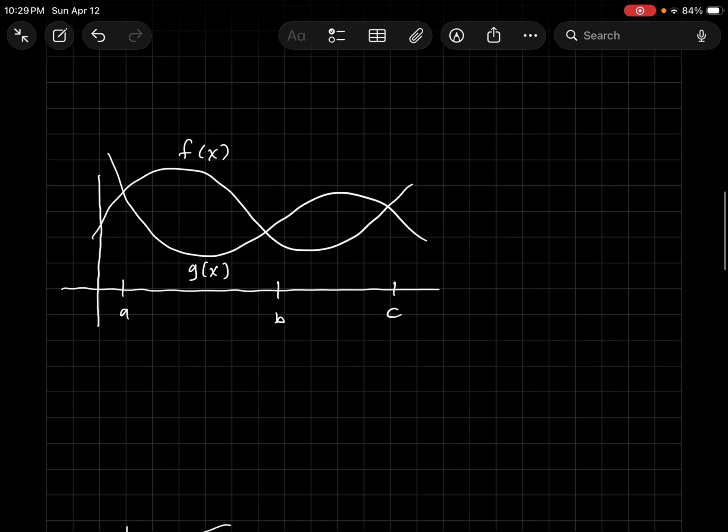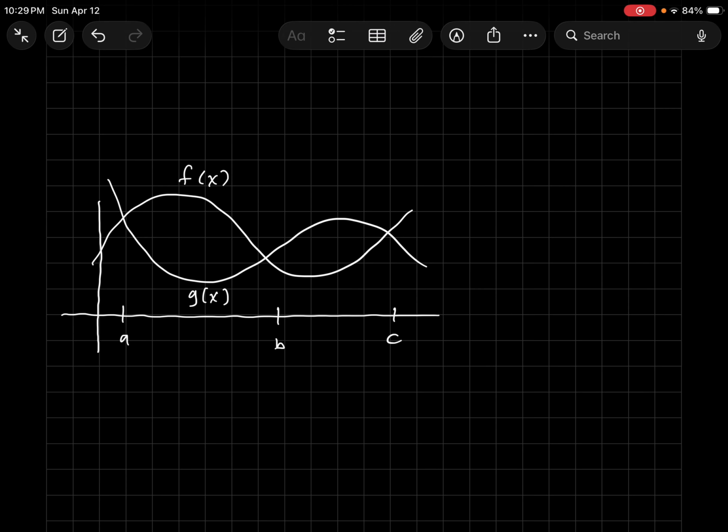What if we had a more complicated looking graph like this? What is the area bounded by f and g? Once again, I can make some representative rectangles. I'll make one over here, and I'll make one in the other part. And I see that the area of the rectangle in the first part is height, that is big y value minus small y value, times its base.